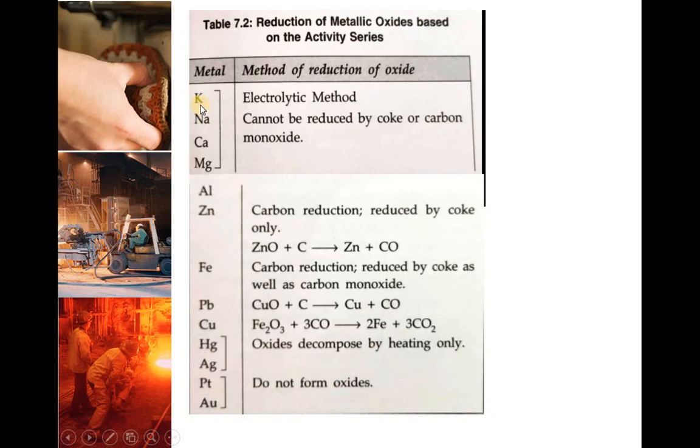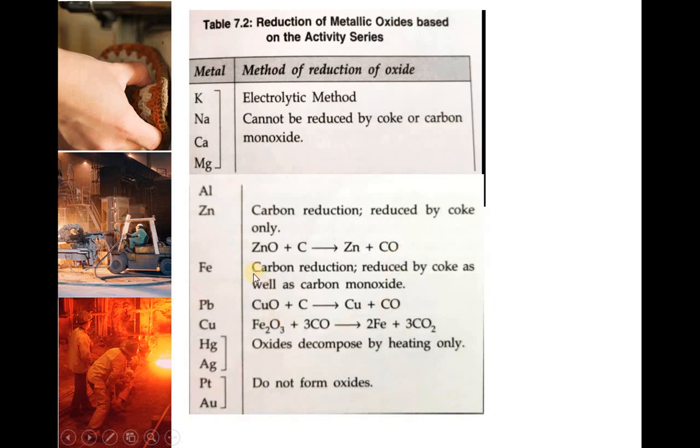For the case of potassium, sodium, calcium, magnesium, we have to go for electrolytic reduction. These cannot be reduced by coke or carbon monoxide. For aluminium, zinc, iron, lead, etc., carbon reduction takes place. Zinc oxide with carbon will give you zinc and carbon monoxide.